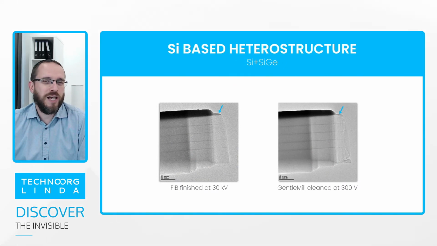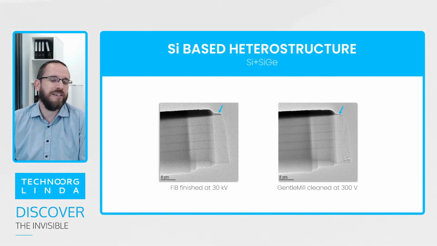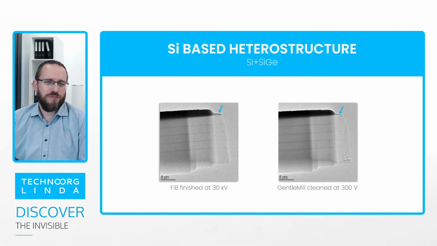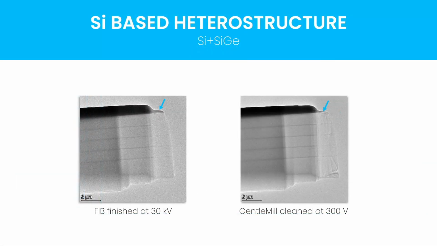how the samples look after cleaning in Gentle Mill. So this is an overview image of a FIB lamella. On the upper edge you see the protecting platinum layer, which is black, and marked with arrows you see the difference between this protecting platinum layer before and after the argon ion cleaning.